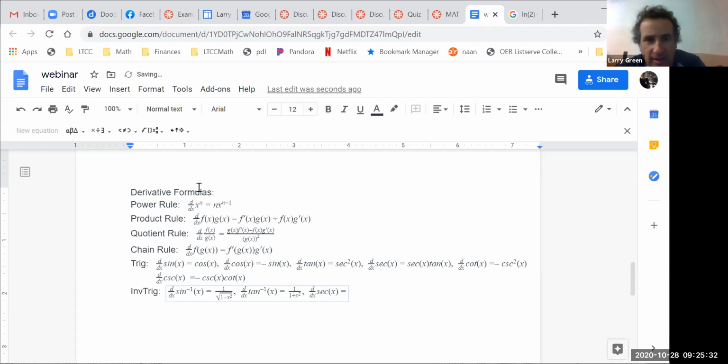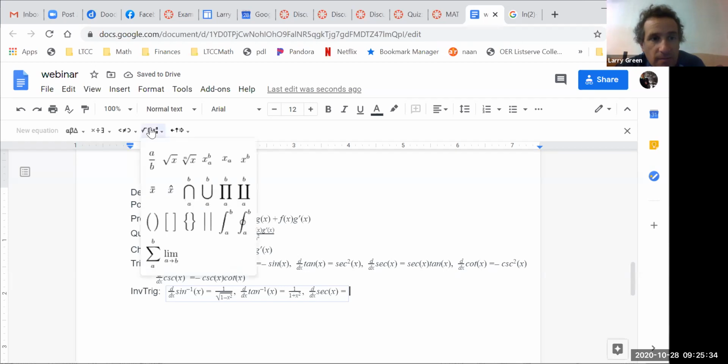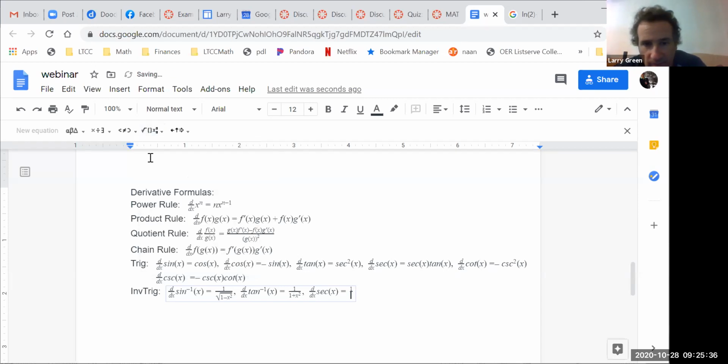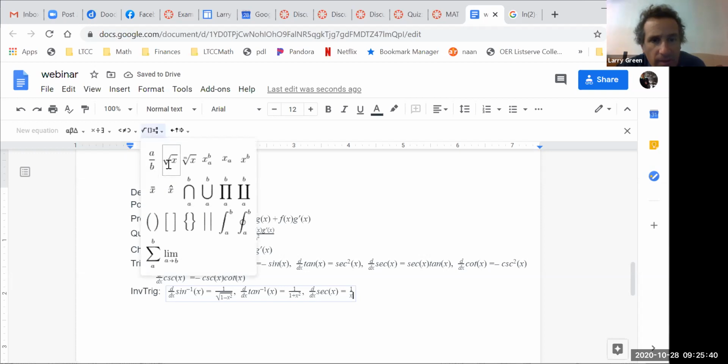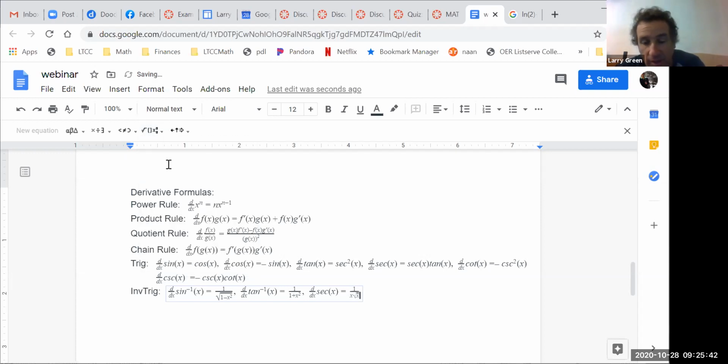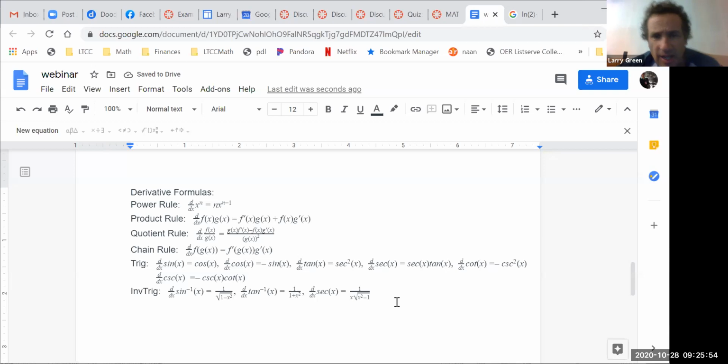And that is equal to 1 over x times the square root of x squared minus 1. Any questions at all on these so far?